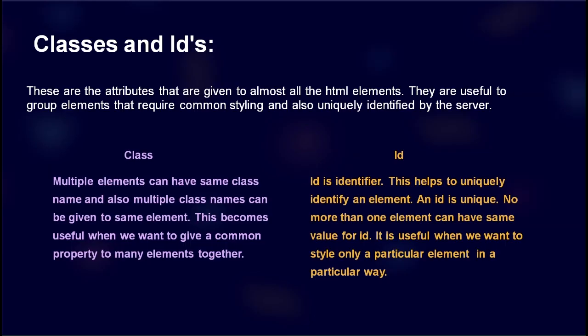So the next terms that we need to understand are the classes and IDs. Now both of them are used as an attribute in any of the HTML tags that you want. Now the purpose of their usage is that they are used for the identification of that particular HTML tag, but in a different way. For classes, one HTML tag can have many class names.